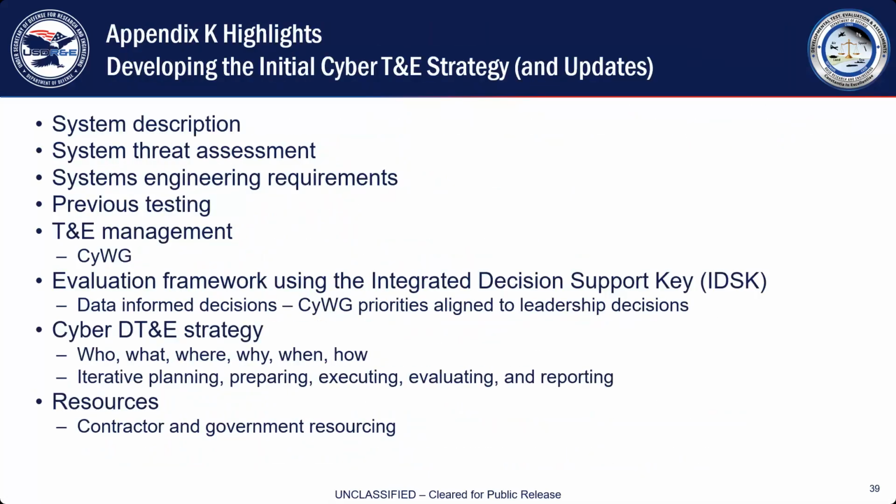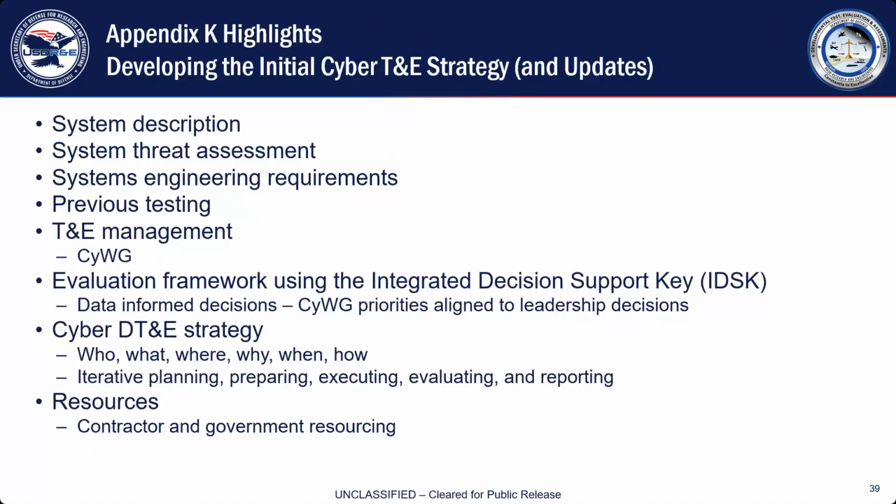The cyber working group now has to make sure that they have all of their information captured in the T&E strategy. So Appendix K is the appendix to help structure what to put into the T&E strategy to support the cyber T&E strategy.